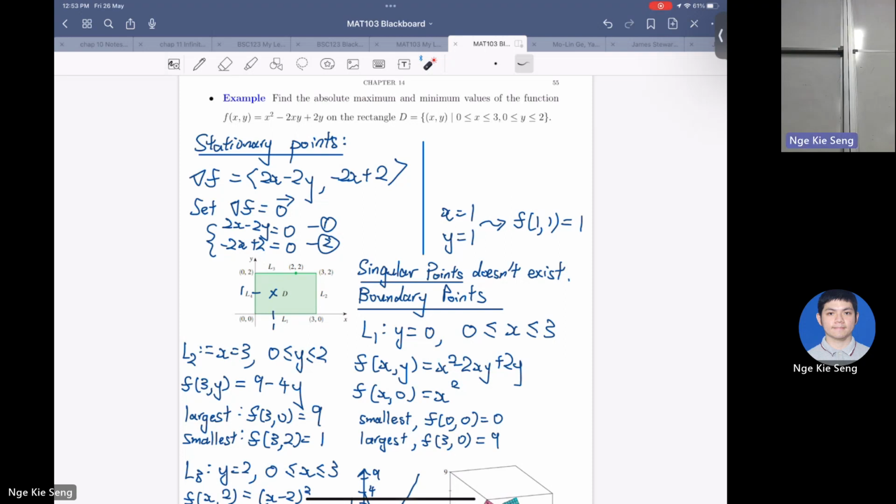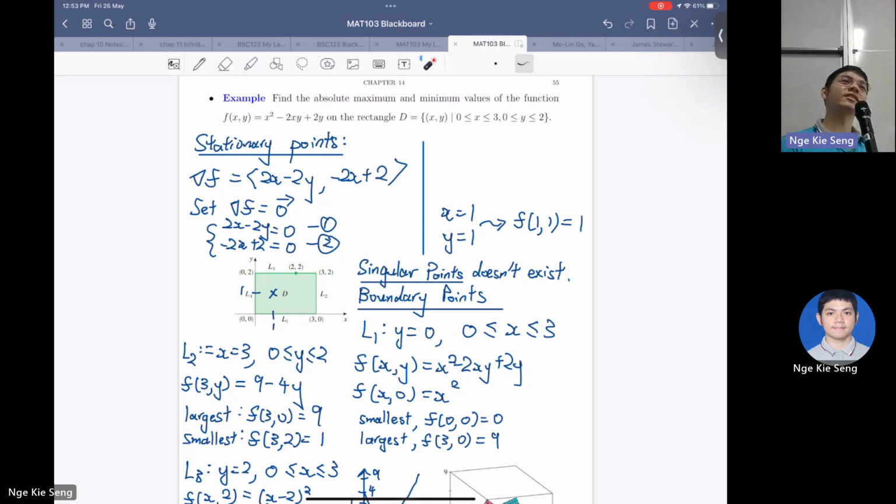Let me repeat your question. You mean if the domain is not closed, should we proceed to find the absolute maximum or minimum value? This is a very good question. Actually, it can be a trick question. That's why I give you that kind of question in your test so that you will think like this.